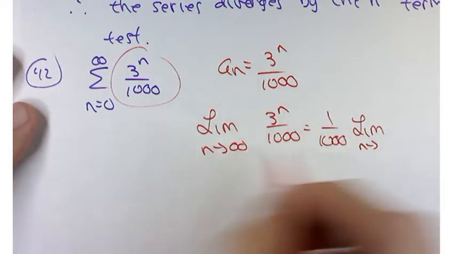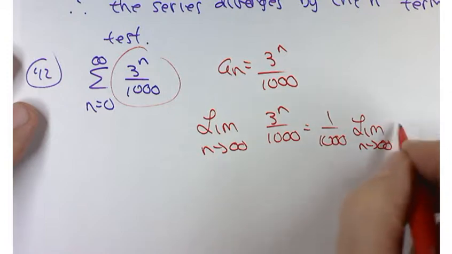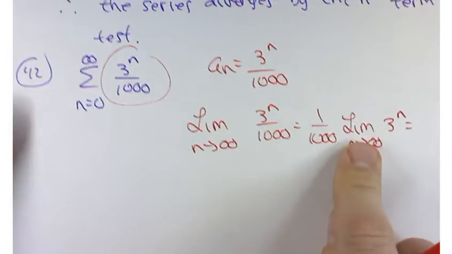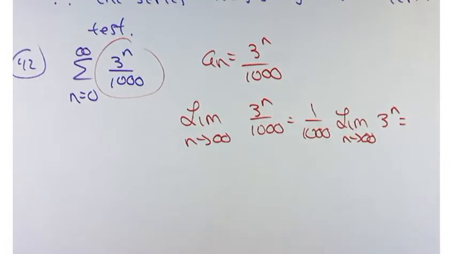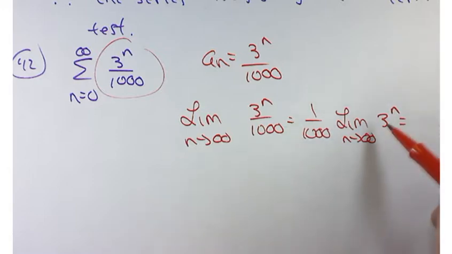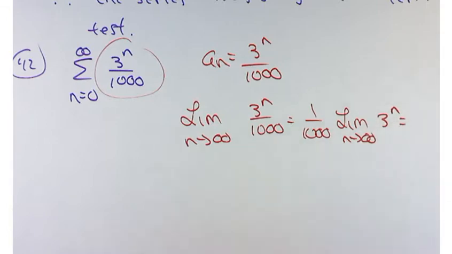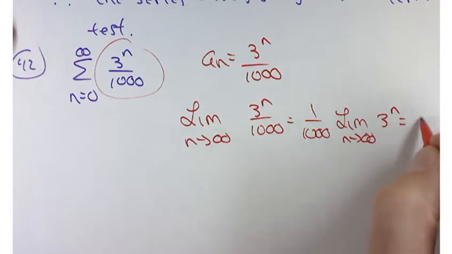1,000 is kind of a constant, so I can pull that out in front. What's the limit as n approaches infinity of 3 to the n? Infinity, right? It's just going to get really big, really, really fast. It's not quite the supernova of functions, but it's close. So, infinity.